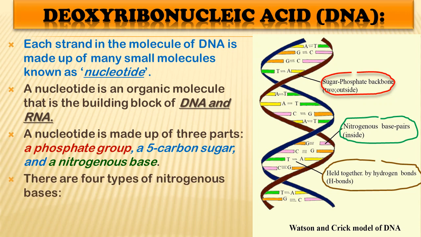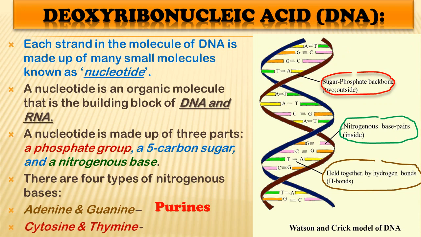There are 4 types of nitrogenous bases in DNA: adenine and guanine, together called purines, and the third and fourth ones, cytosine and thymine, which are known as pyrimidines. So these are the 4 nitrogenous bases, adenine, guanine, cytosine and thymine, of which adenine and guanine are purines, and cytosine and thymine are pyrimidines.